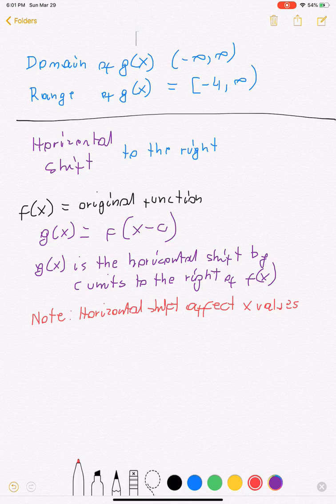Y values stay the same. So let's do the example.